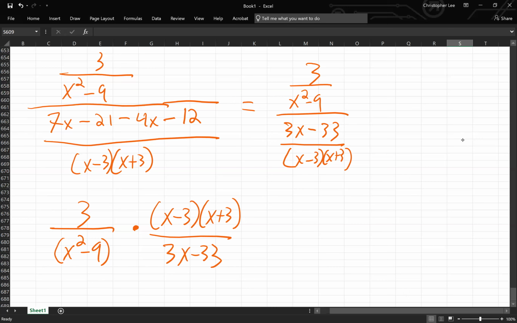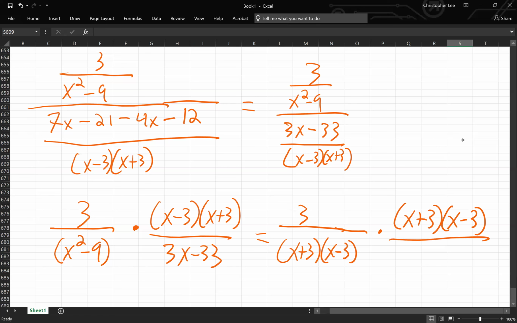Now let's factor, cross out the like terms, all that good stuff. So this would be 3 over the x plus 3, x minus 3 times x plus 3, x minus 3 over greatest common factor, x minus 11.